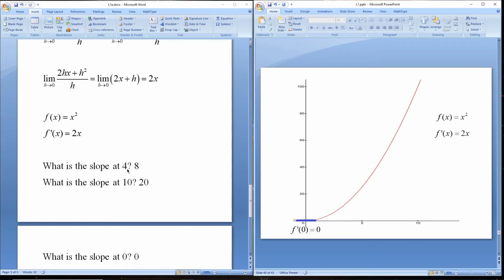What is the slope at 4? Well, right here is 4. And the derivative is telling us that the slope of the function right here at an input of 4 is 8. And then I asked, where is it at 10? Well, if we go to 10, the slope of the function right here at 10 is 20.